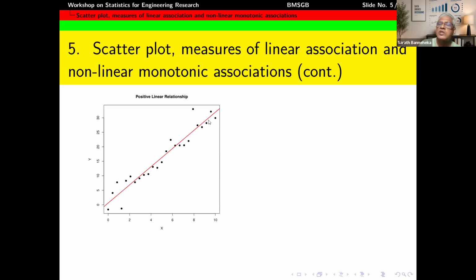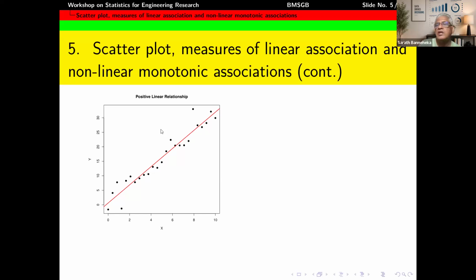This is one possible straight line that you can draw through the points. This is the kind of relationship that you usually call a linear relationship. The points are not necessarily on the straight line, but they are scattered around a straight line.